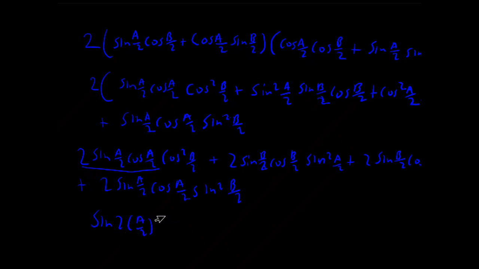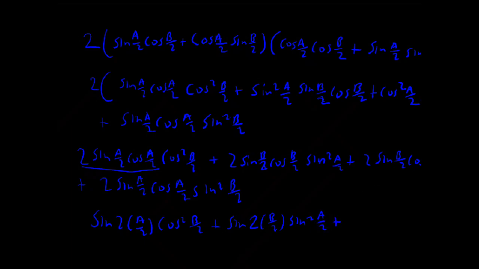So notice this will be easily simplified. Let's just do this for now. Here the same thing is going to be sine 2 times that thing. So we're going to have that, and then we're going to have 2 sine squared a over 2.